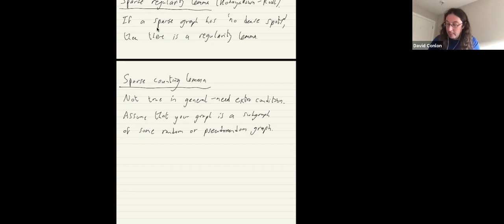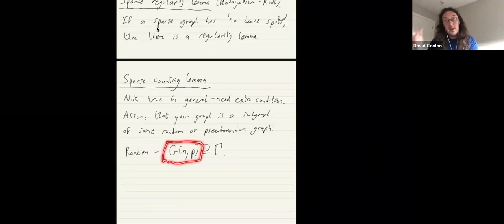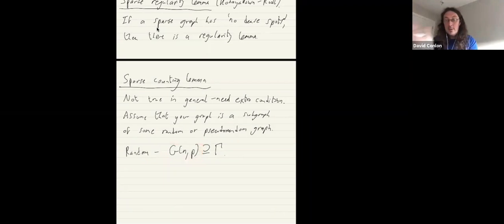Let's say, in the random case, you're in G(n,p), and the graphs you're interested in tend to be fairly dense subgraphs of G(n,p). And then you can apply a regularity lemma to this, exactly because the no dense spots condition comes from the fact that it's contained within G(n,p), which is very well distributed.